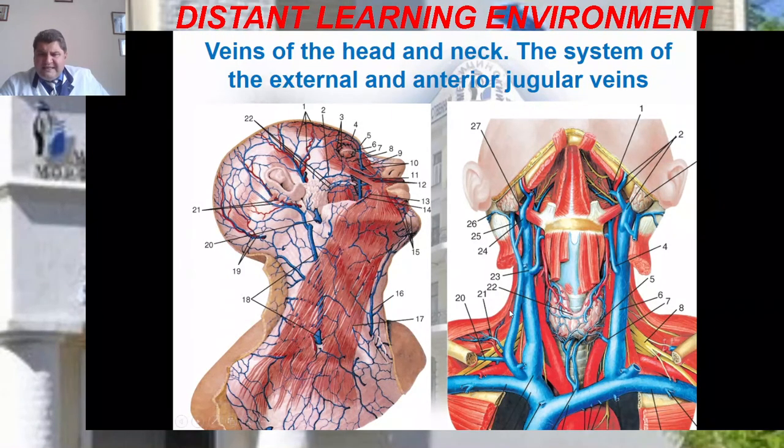For example, you may see the confluence of the external jugular vein and the angle which is formed by the internal jugular vein and subclavian vein here.